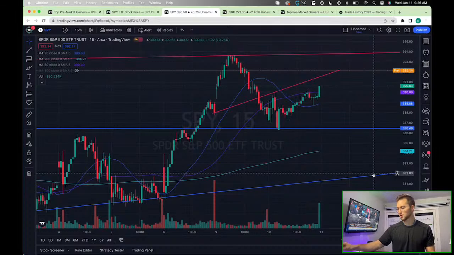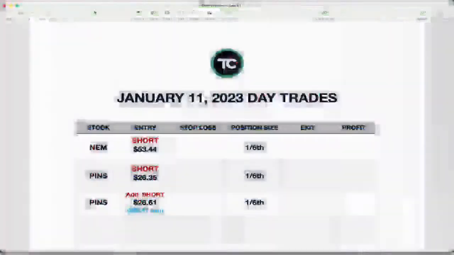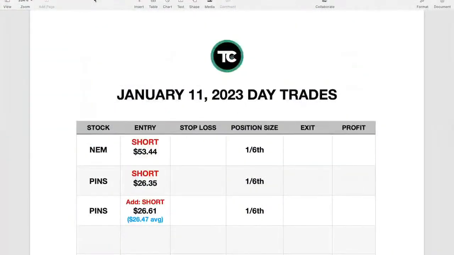UAL, I have not been filled yet, but there's still that potential UAL trade approaching. Pins is still pushing up. Markets are rallying.